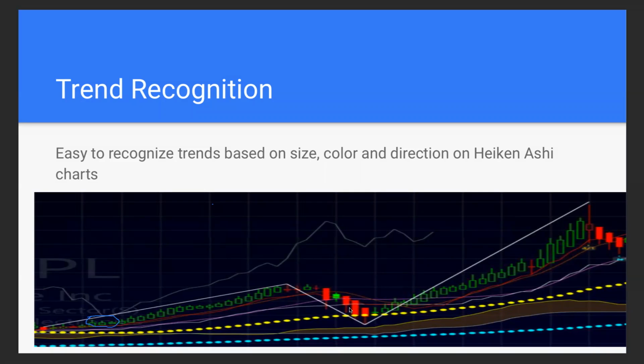So though there was a decline in the price, Heiken Ashi was telling you to stay in the game, and then it rose again. So it helps keep you in the trend. The bigger the time frame, the better the results. It works on the daily too, but much better on the bigger time frames.